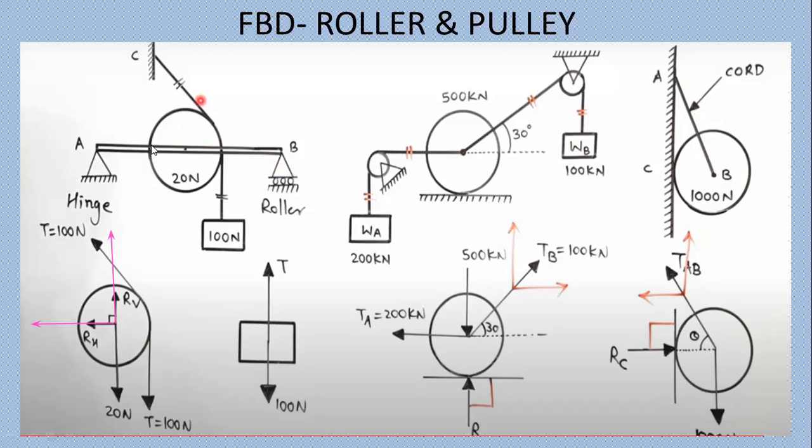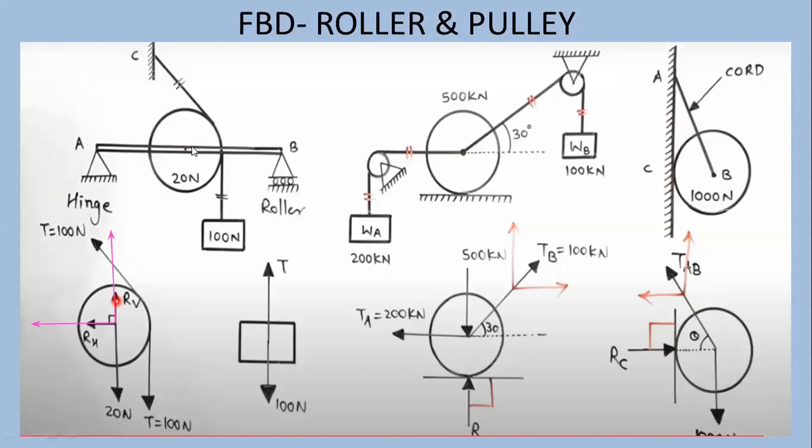But we are considering only the circular body, so only the forces acting on the circular body we have to consider. The circular body is connected to the horizontal beam AB at its center only, and at the center the pin joint is there. So we have to show the horizontal and vertical reaction at the center of the circle.